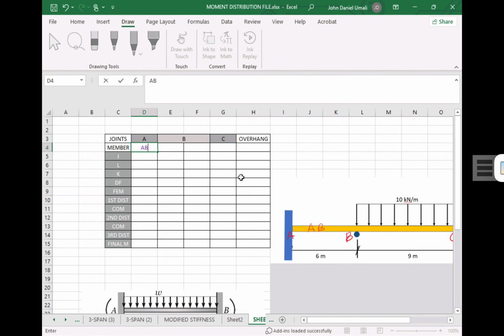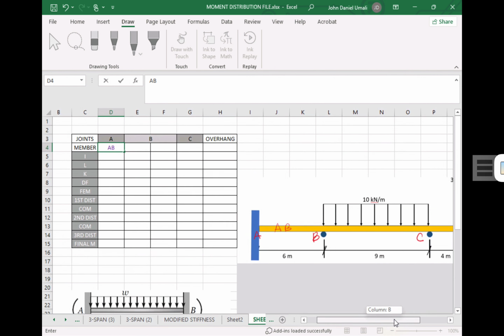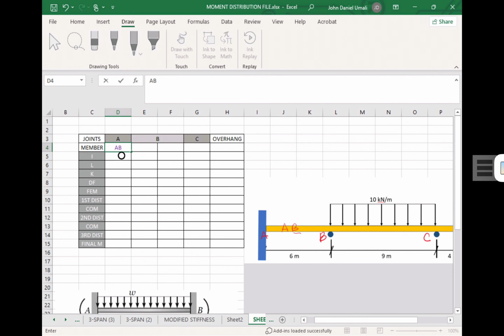At joint B, we have BA connected, and then we have B and C connected at joint B. And then we have C and B sa joint C, and then sa overhang, you just call it overhang.